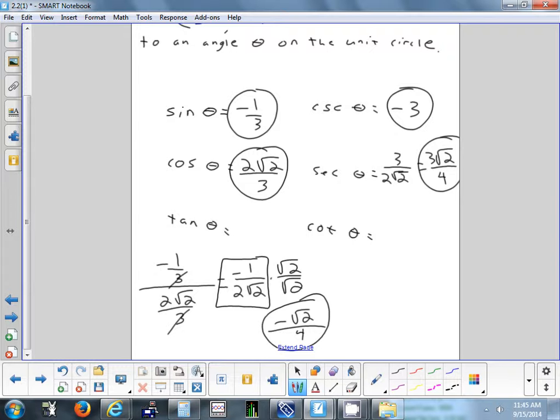Okay, now the cotangent. We have 2 different things we could flip. This was the original one we had, but we didn't leave it like that because of the square root in the bottom. And then this was the final answer. Which one, the boxed one or the one I have circled, would be easier to flip to find the cotangent? Yeah. The first one. Why the first one?